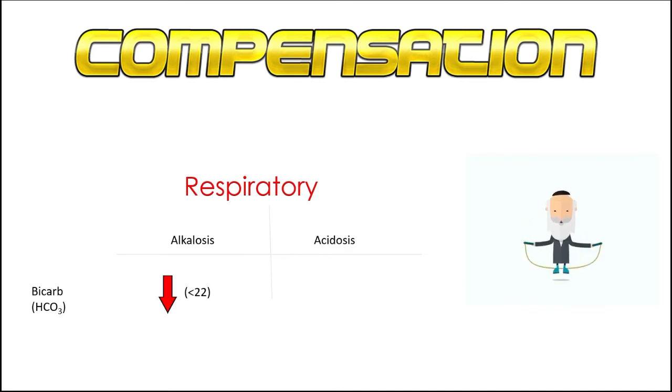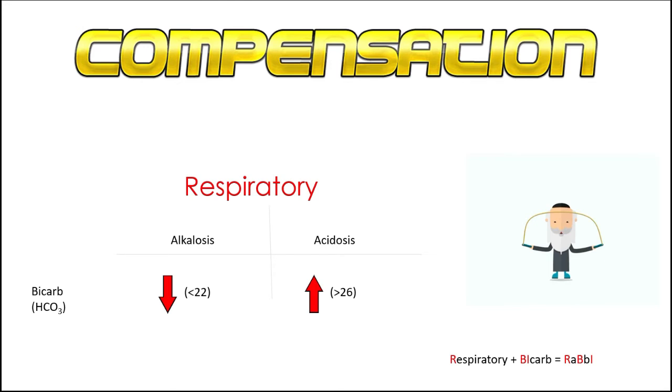And in case of respiratory acidosis, it tries to raise the bicarbonate levels. The mnemonic to remember this is RABI. R for respiratory, B for bicarbonate.